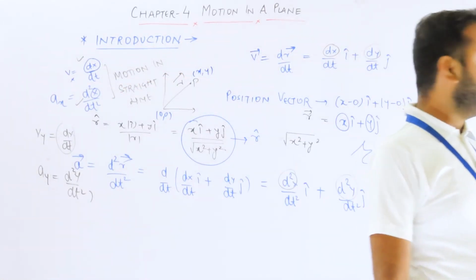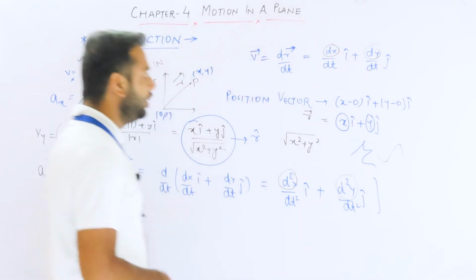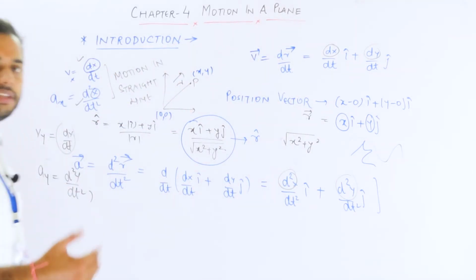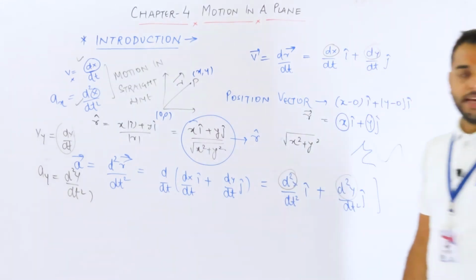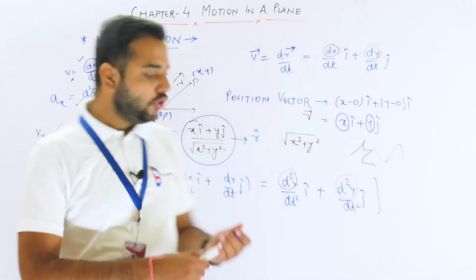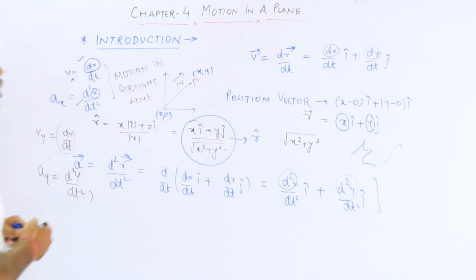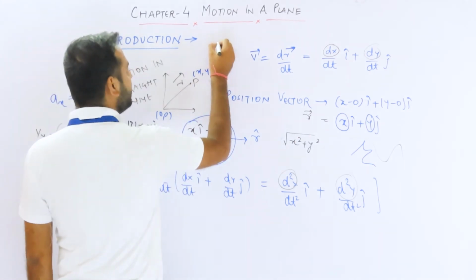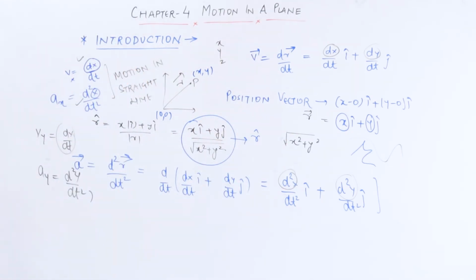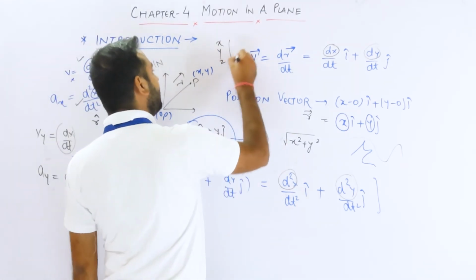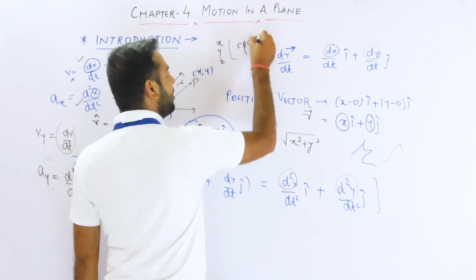Okay, and what will happen if suppose we have three dimensions instead of two? Can you calculate that? In case of three dimensions, we will have change in x, change in y, and change in z. All three dimensions will change, and we call that space, not plane.